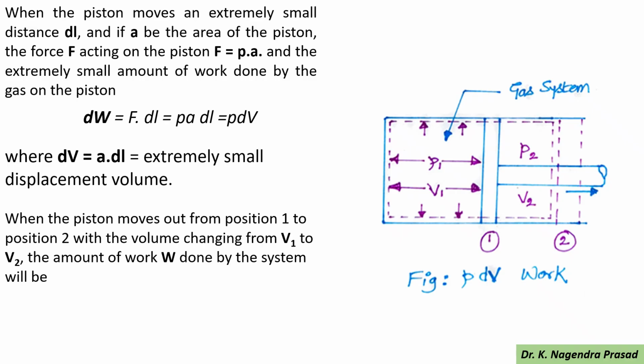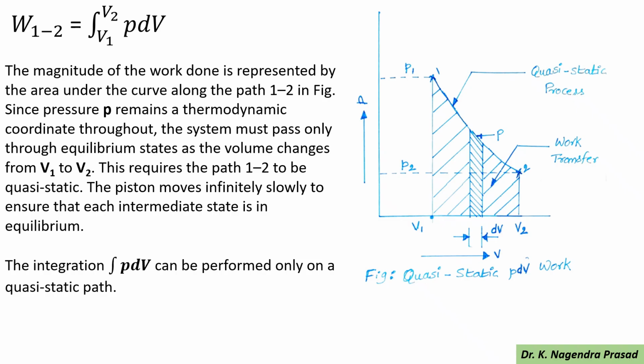When the piston moves out from position 1 to 2, with the volume changing from V1 to V2, the work W done by the system from position 1 to position 2 is W1-2 equal to the integral of P dV with limits V1 to V2. This magnitude of work done is represented on the curve as shown in the figure.